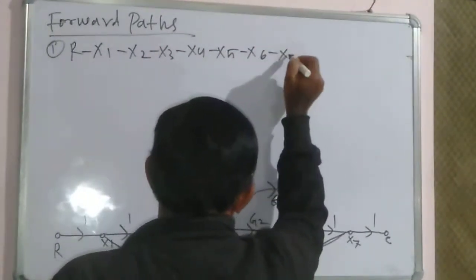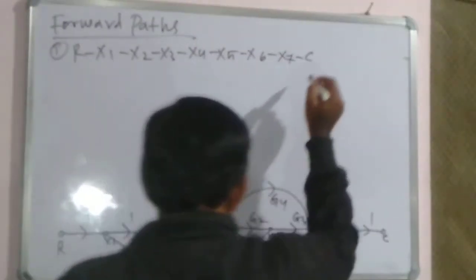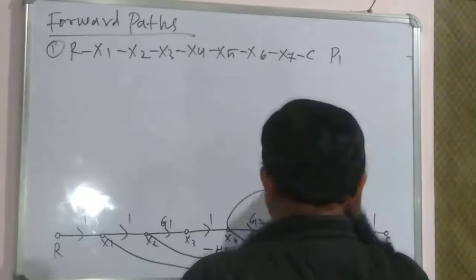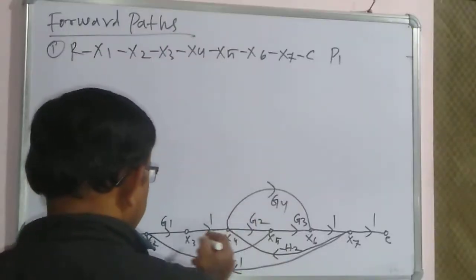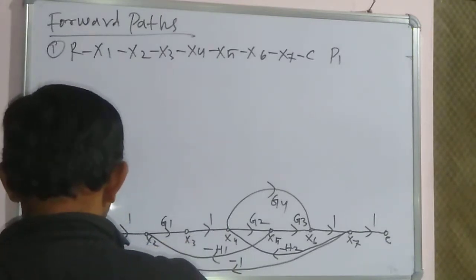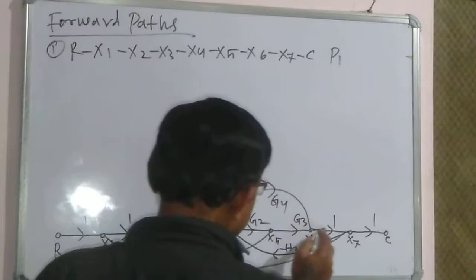The gain is the multiplication of all the individual branch gains, so the branch gains are 1, 1, G1, G2, G3.